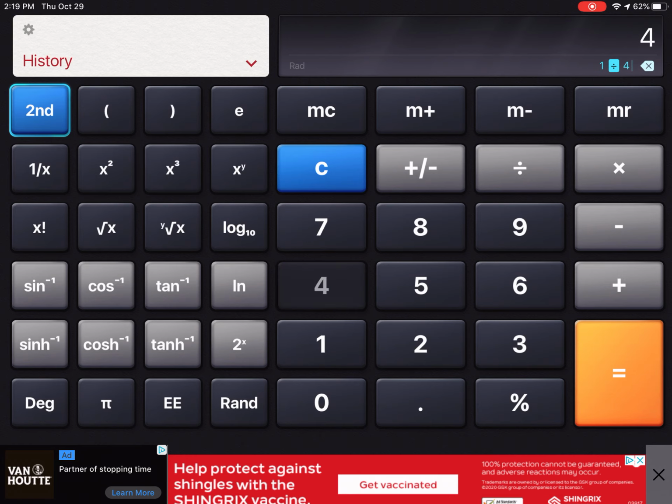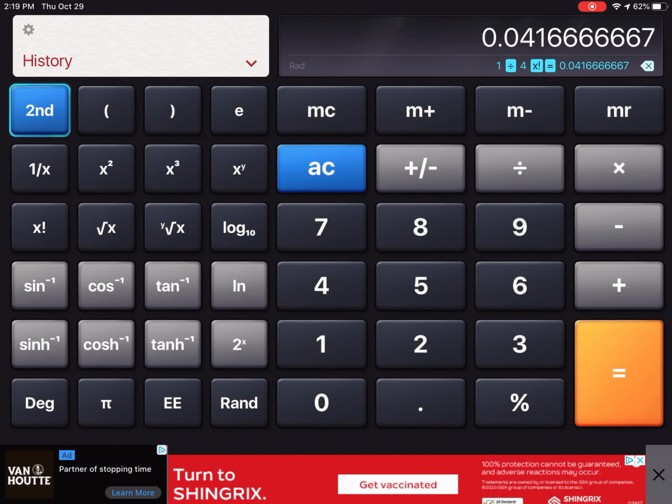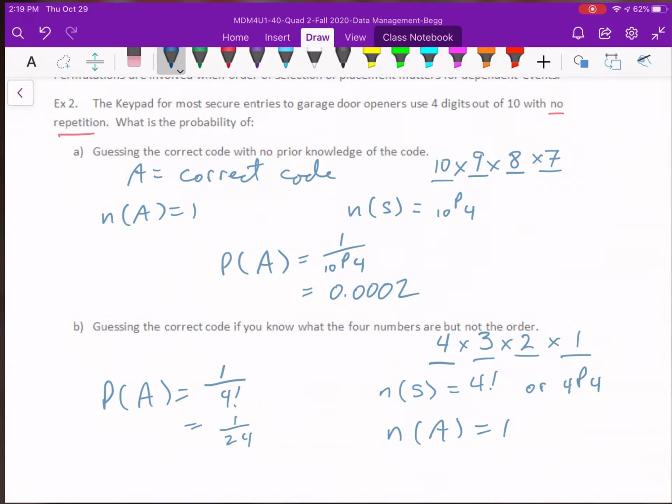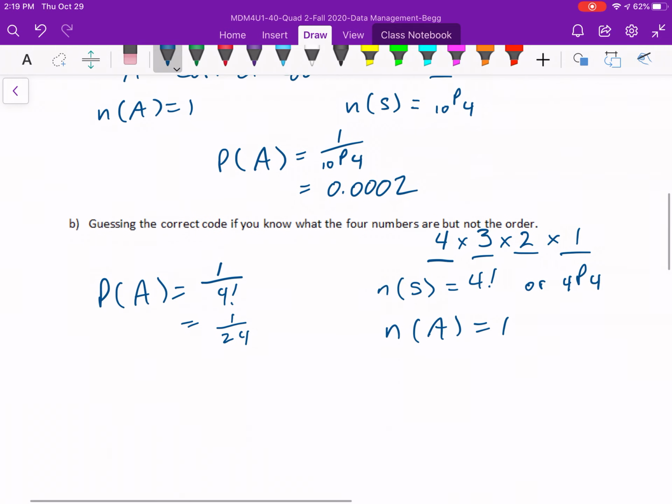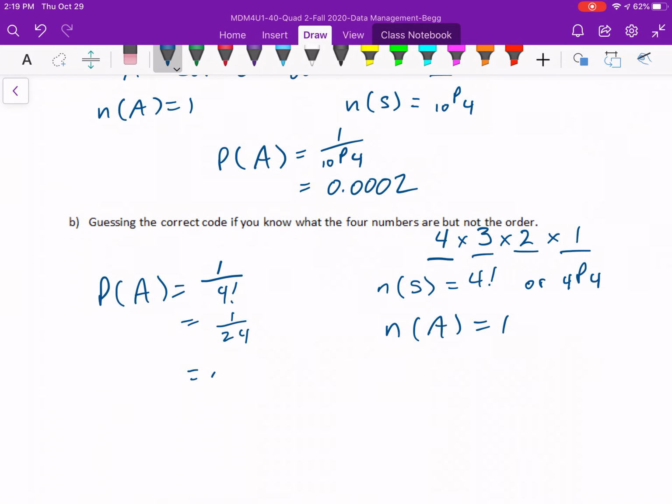There we go, 0.042, let's say. As a percent, this one actually makes a bit more sense because it's closer to an actual number, and 4.2% would be the answer for this one.